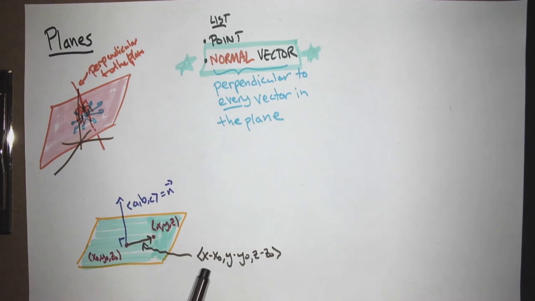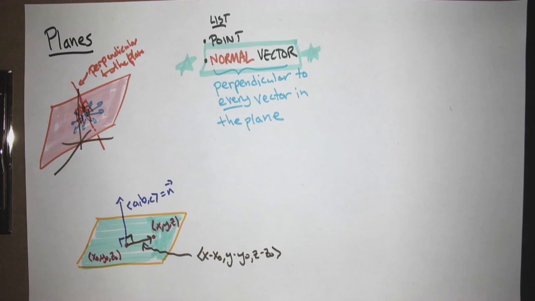What's true about this vector? It's perpendicular to the normal vector. Why is this vector perpendicular to the normal vector? Yeah, the normal vector is perpendicular to everything in this plane. And this vector is connecting two things in the plane. And so it must be perpendicular.